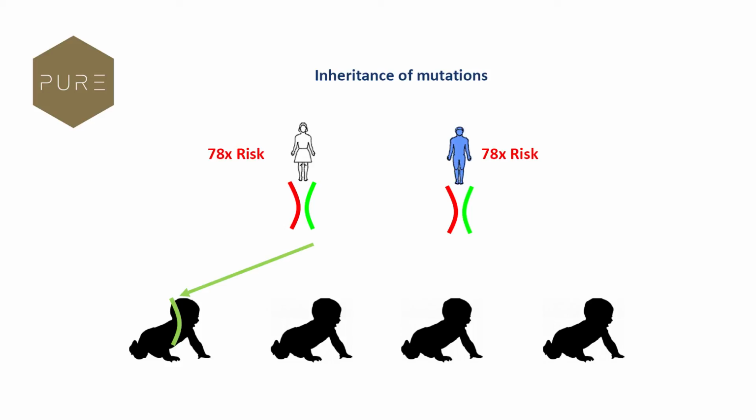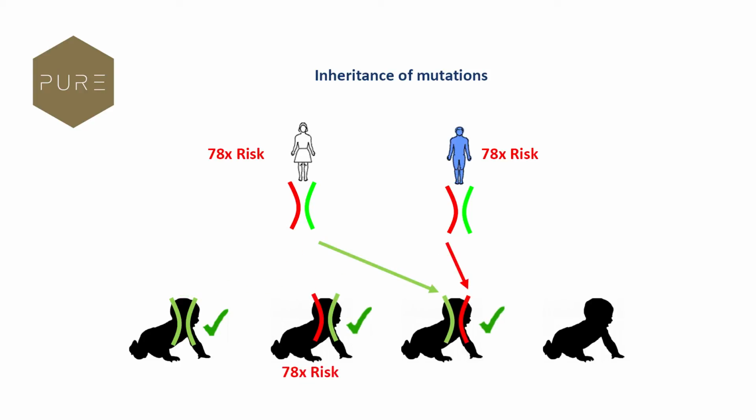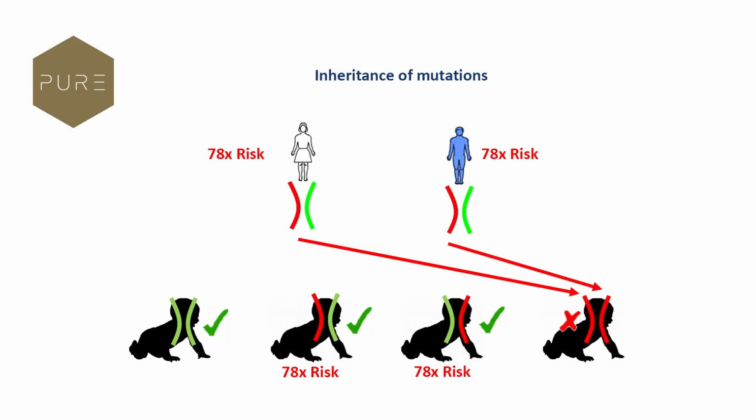Now, both of them have high risk. By chance they pass on one of the chromosomes, and this child is going to be healthy. Even though both parents have a high risk, this child has no risk. And if one of them is passed on, 78-fold risk, as you would expect. However, if you get two of the genetic variations, the same risk again.